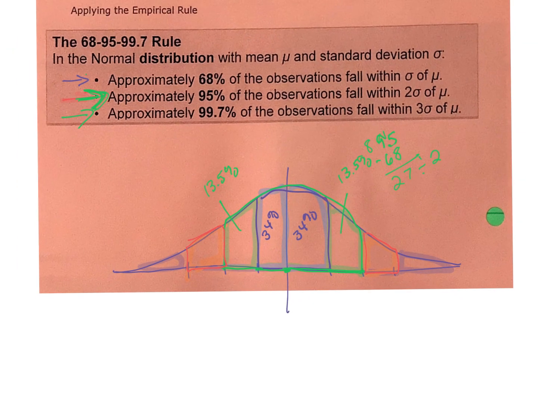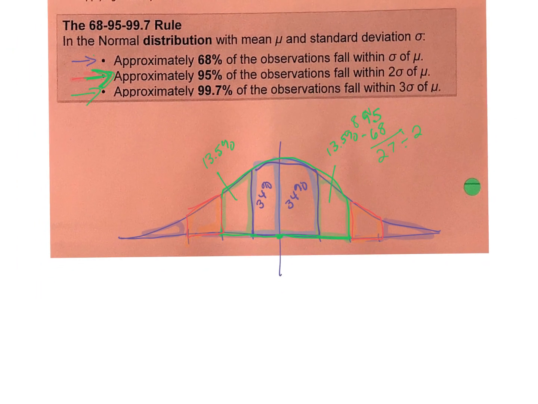So I want you to think about this. This is saying that all together here, 2 standard deviations below to 2 standard deviations above, this is 95% of the data. So that means together this and that has to be 5%, so we divide by 2.